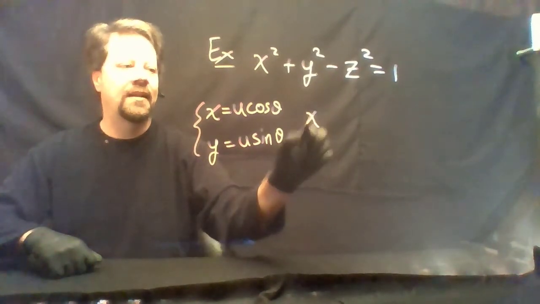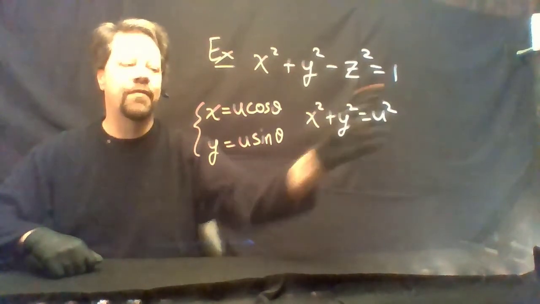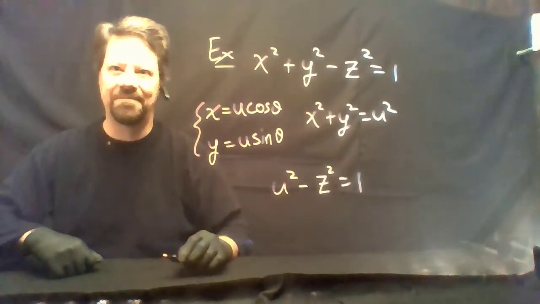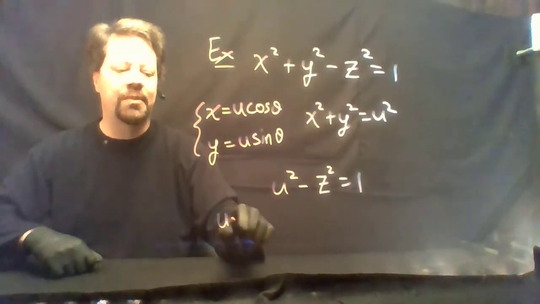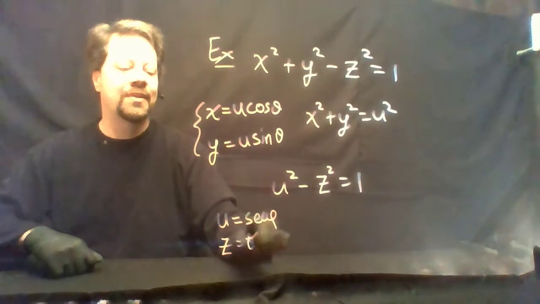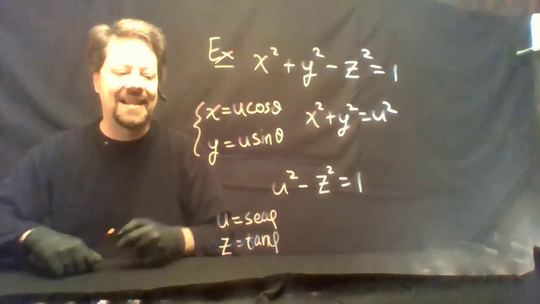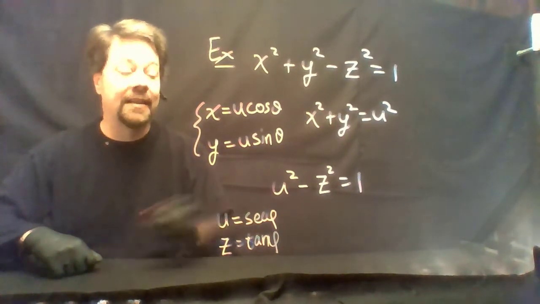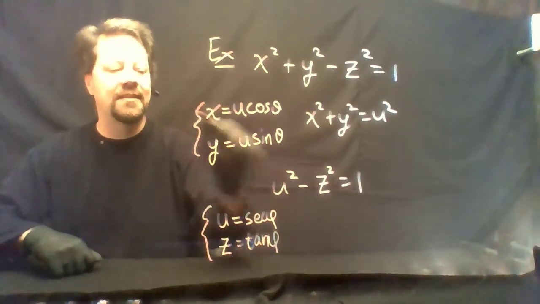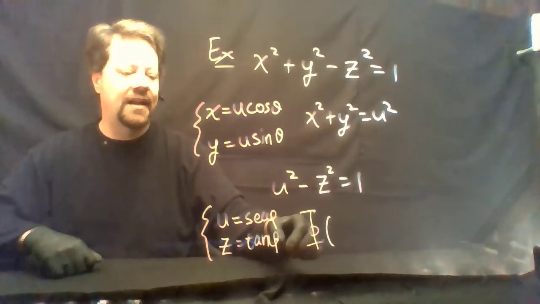With this, x squared plus y squared will be u squared. That will convert the original equation into u squared minus z squared equals 1. At this point, we'll choose the parameterization u equals secant phi, z equals tangent phi, using the Pythagorean identity that secant squared phi minus tangent squared phi equals 1. This, together with this, gives us the parameterization that we seek. The parameters are going to be theta and phi.